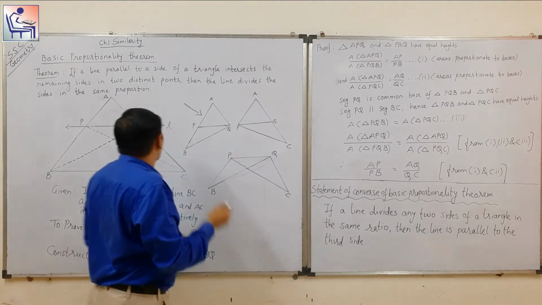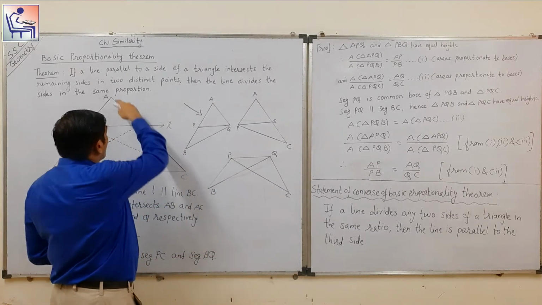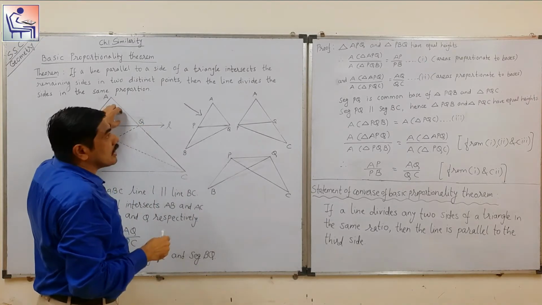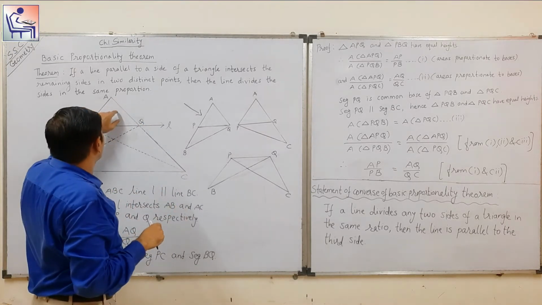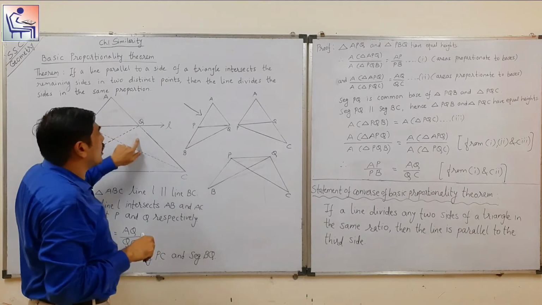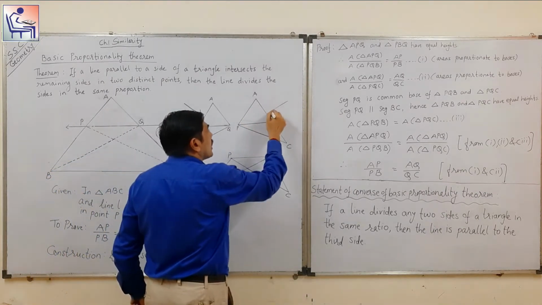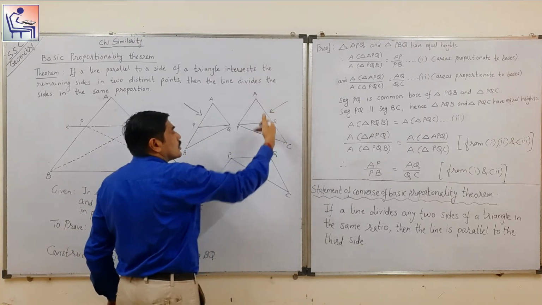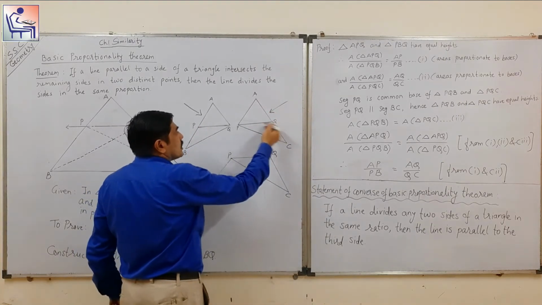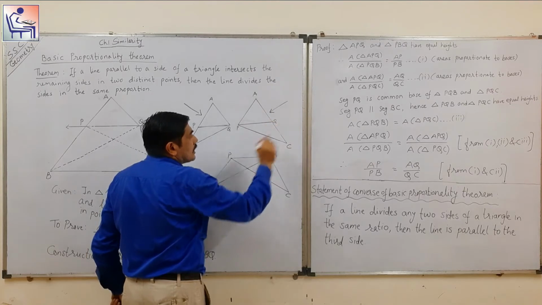Similarly, again we get two triangles, triangle APQ and triangle PQC, which I have drawn here for understanding. So this is the height and these are the bases.